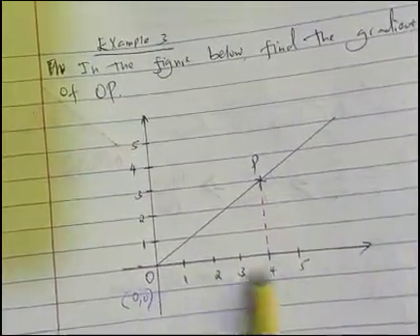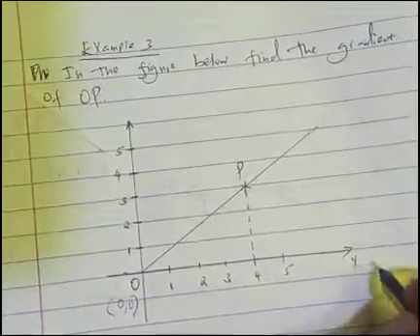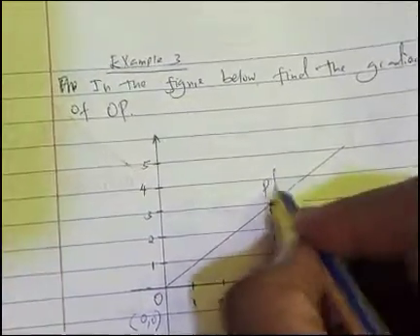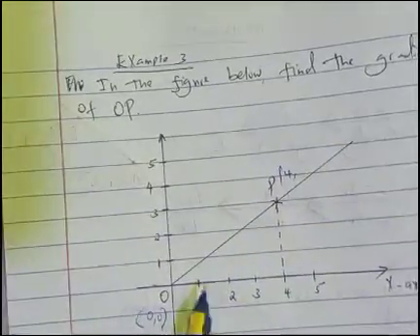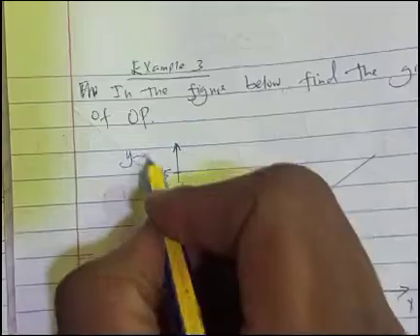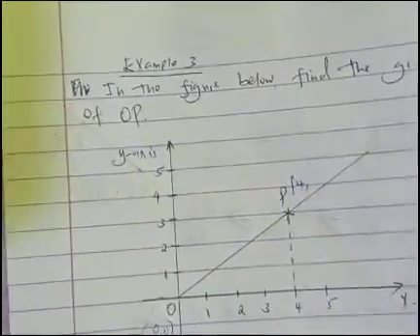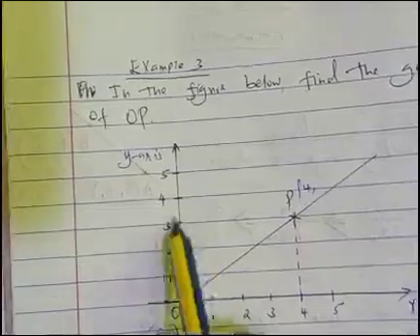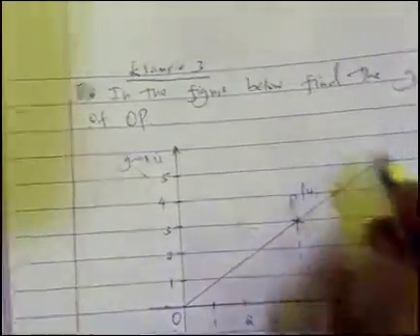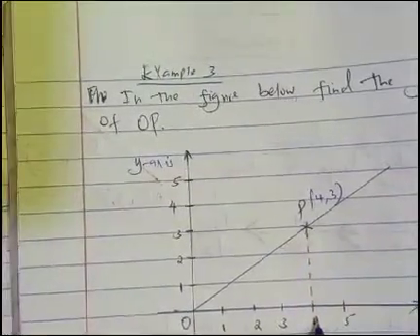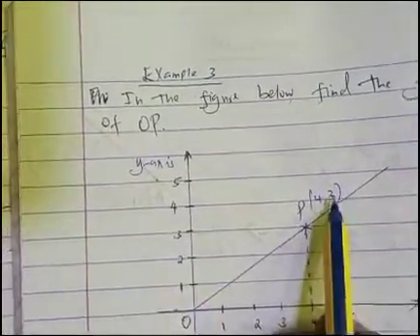So the x coordinate in the x-axis is 4. So P has coordinates 4, and then in the y-axis, which is the vertical axis here, the y coordinate here is 3. So P has coordinates 4, 3.